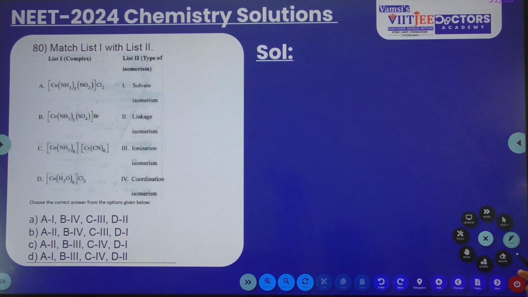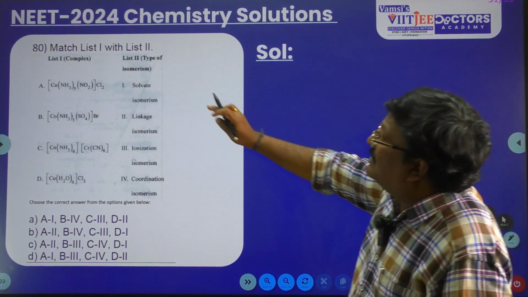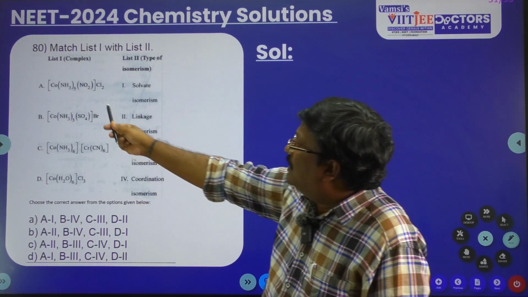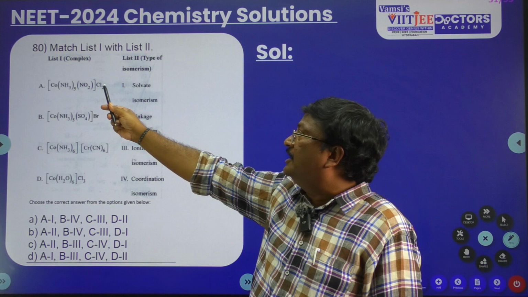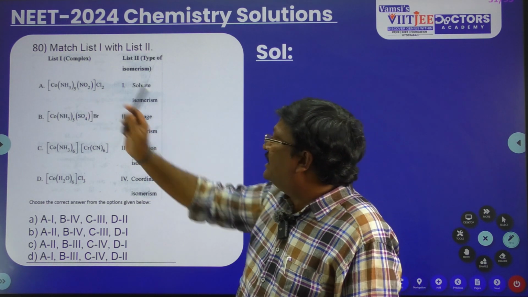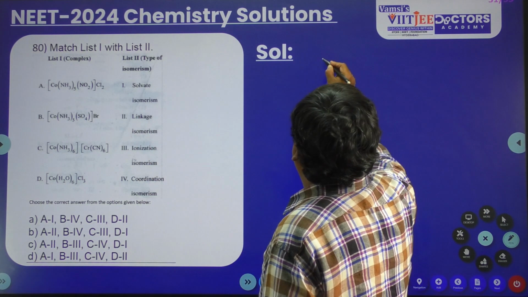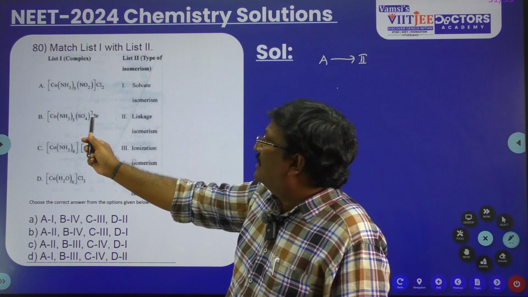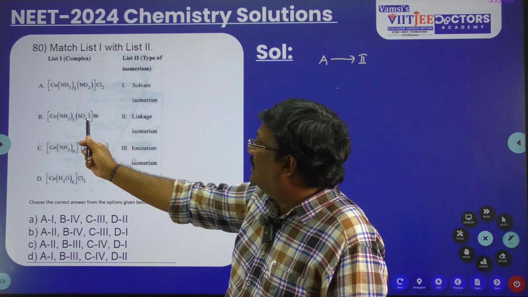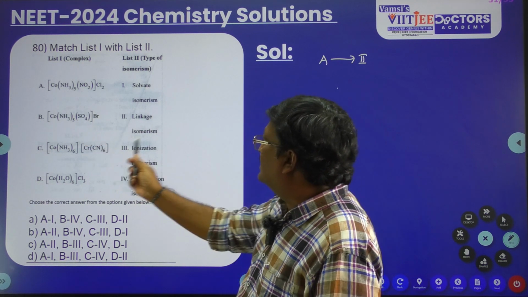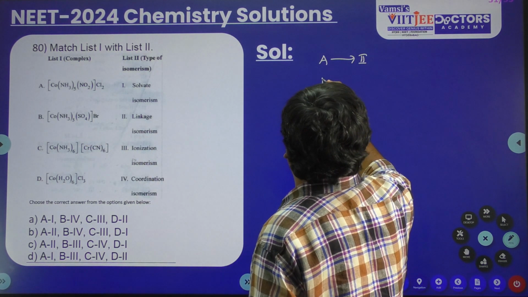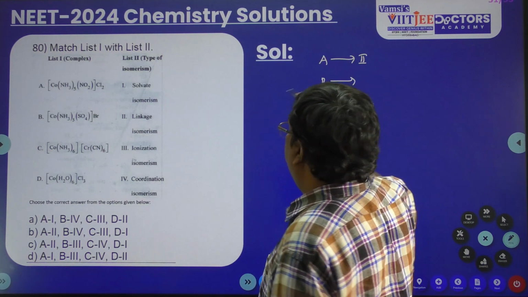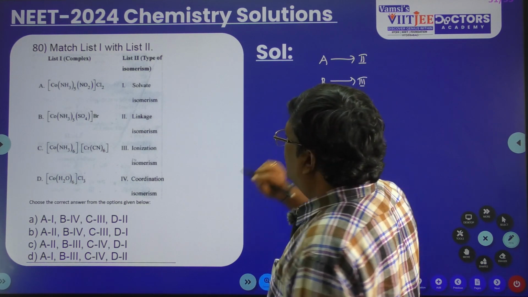And next, coming to the 80th question. NO2 means it involves linkage isomerism, so A must be 2, right? Here sulfate and bromide ions are there. They involve ionization isomerism, so B must be 3, right?